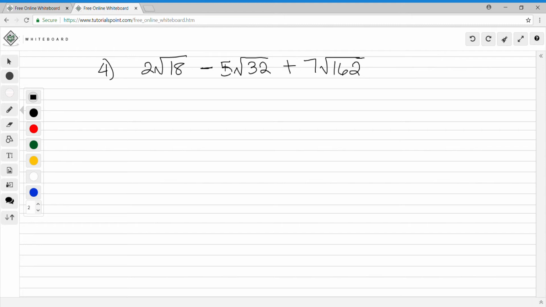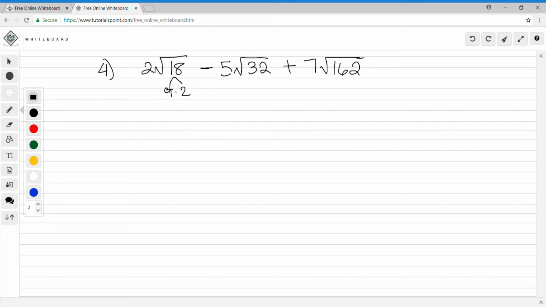So what I'm going to do is get a common square root. So I'm going to simplify these. Let's simplify. What is the square root of 18?